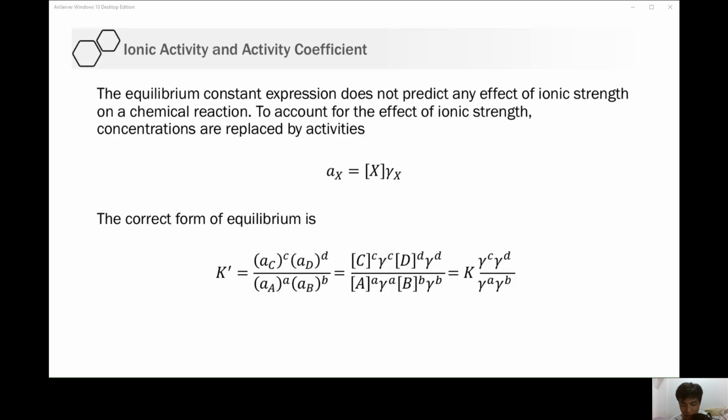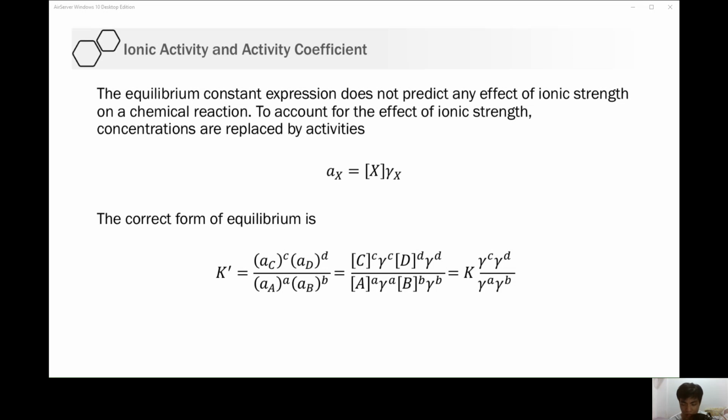So usually we write the expression for the equilibrium constant in terms of concentration. But in order to account for the effect of diverse ions, instead of expressing concentrations, we instead use the activities of our ions. And activity of the ion can be calculated when we multiply the concentration of our ion times its gamma or the activity coefficient.